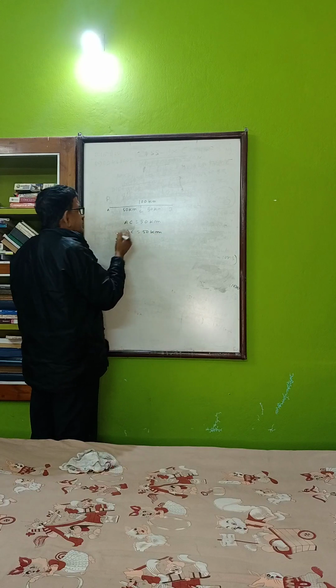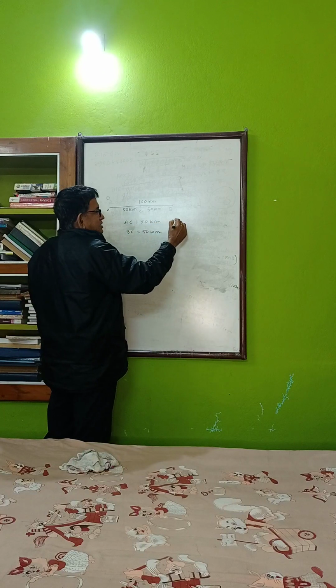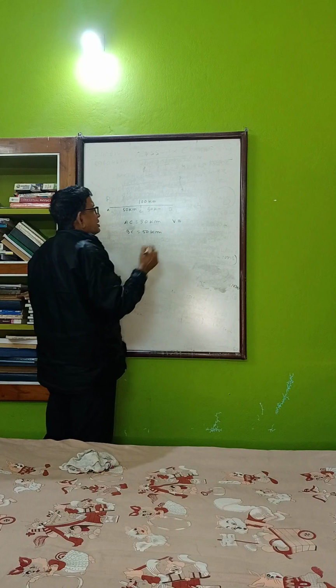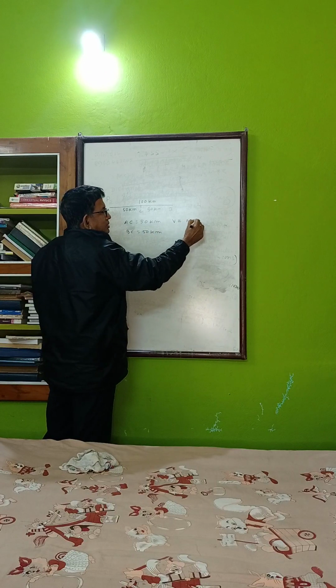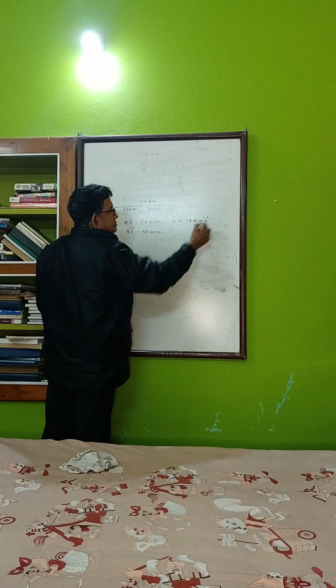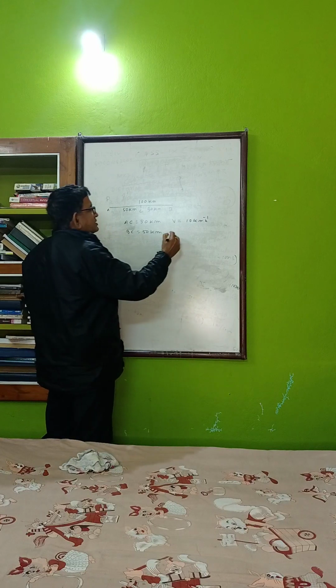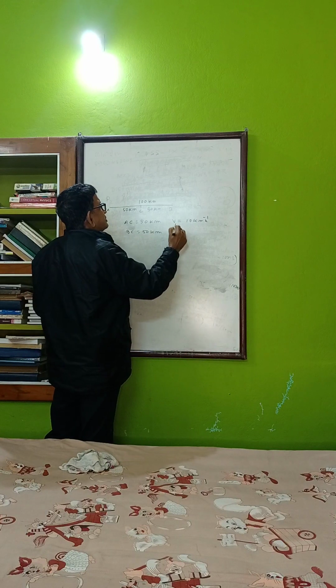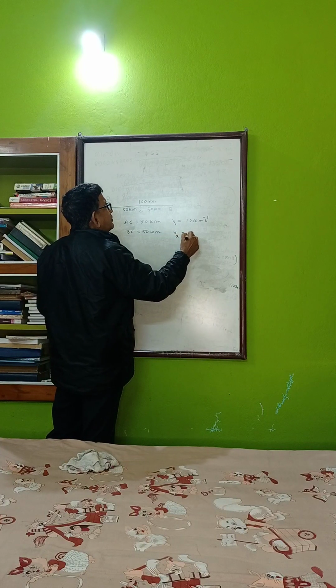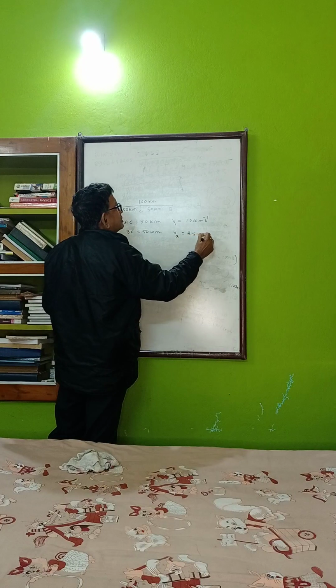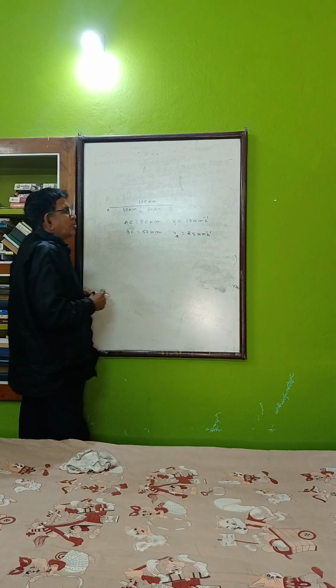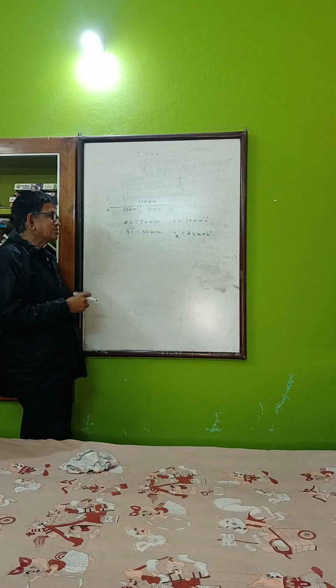Now the body moves AC with velocity, imagine it is 10 kilometer per hour, and for BC velocity is 25 kilometer per hour. Then what is the average velocity?